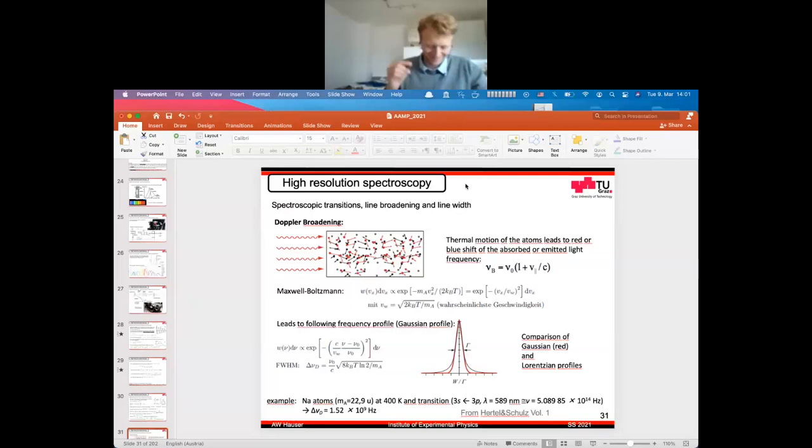The actual motion in this picture is x as a function of t, and only if you do a Fourier transform, so if you try to describe the signal that you get, because the signal is declining over time because of this energy sent out in the process of emitting the photon, you have in the Fourier transform not just one frequency, but a certain broadening.